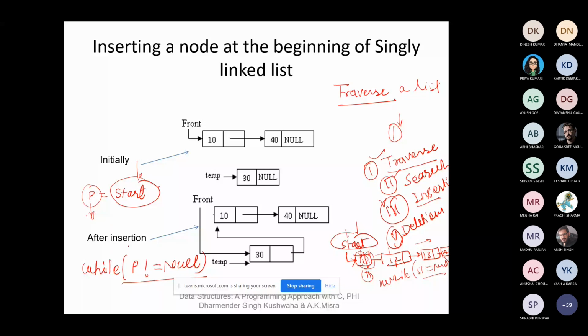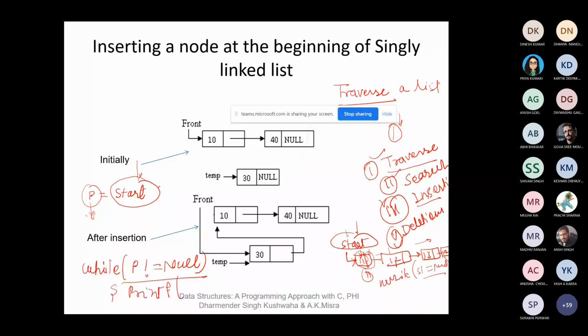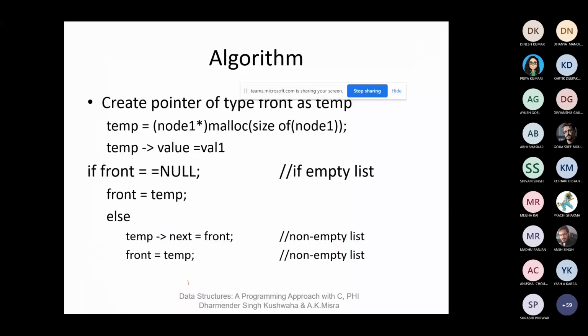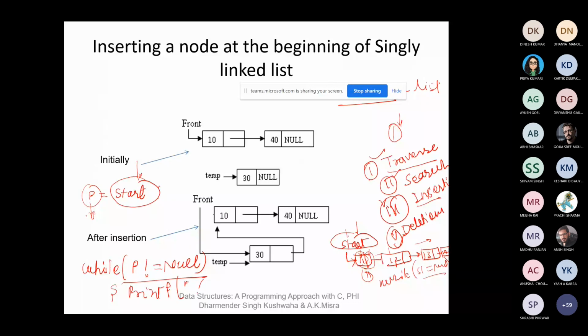In this part, we can print. I'm not writing the whole code. I am writing like, if data is in integer form, then we can use p arrow info that will print the information about the next node as well as we can traverse.